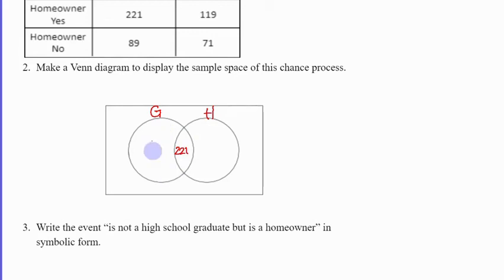High school graduates who are not homeowners go in the left circle. Homeowners who are not high school graduates go in the right circle, and people who are neither homeowners nor high school graduates go outside the circles.